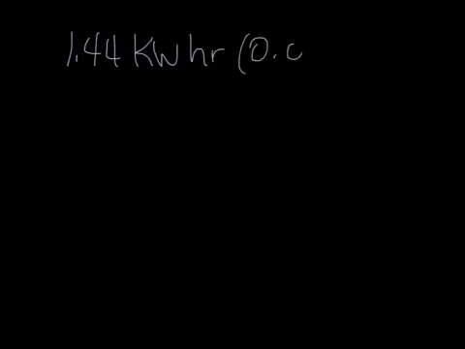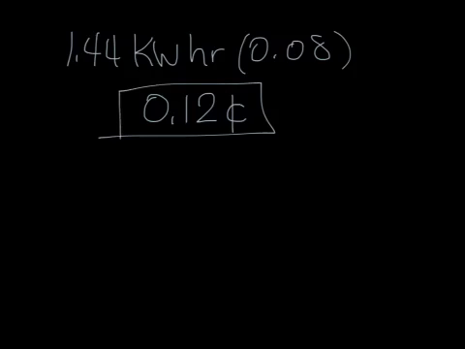We know we've used 1.44 kilowatt hours of electricity at 8 cents per kilowatt hour. So we now know that 1.44 times 0.08 is about 0.115. So rounding, to run that 60-watt light bulb all day is 12 cents.